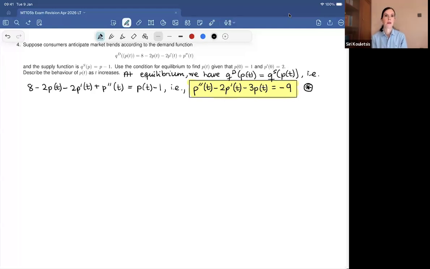So we have a second order non-homogeneous differential equation here. And now we want to solve that. Start by finding the roots of the so-called auxiliary equation. Take a head start to write down the auxiliary equation.